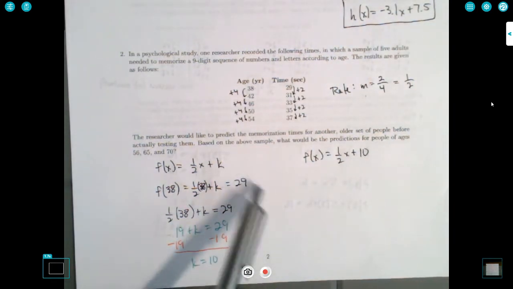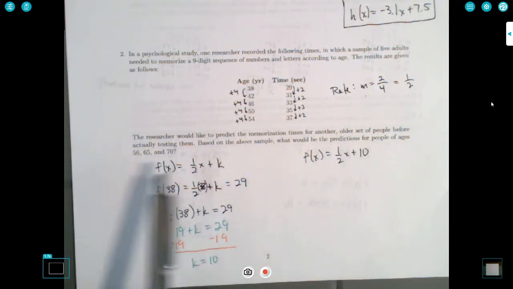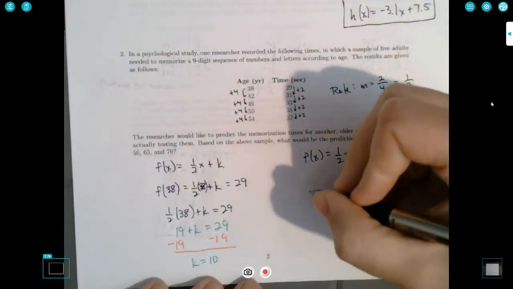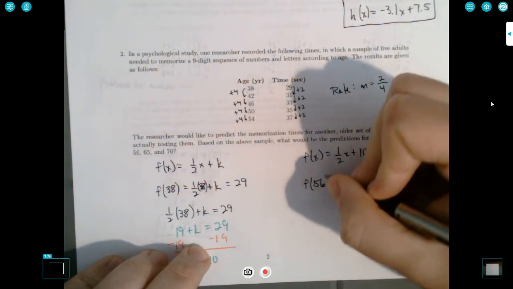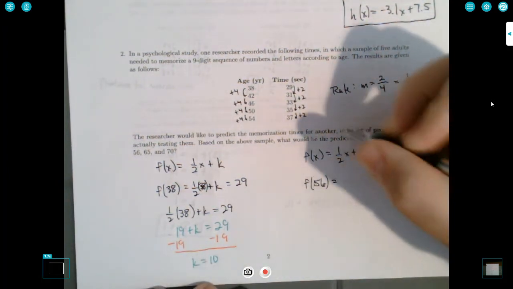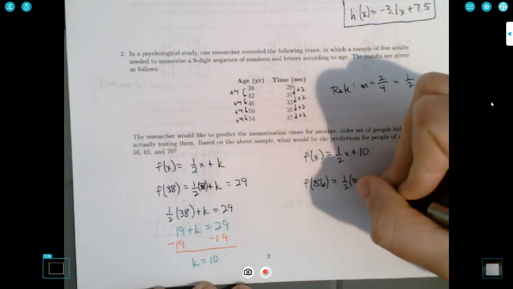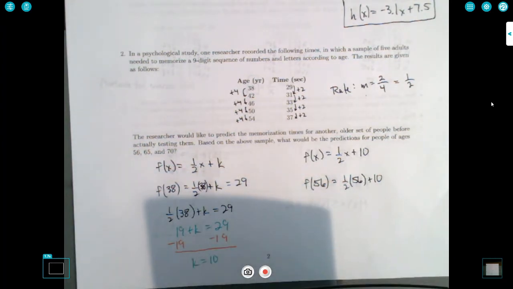So now it says based on that, what would be the predictions for people of ages 56, 65, and 70? So for somebody who's 56 years old, we would predict that they would take 1/2 times 56 plus 10 seconds to memorize the numbers. So you can punch that into your calculator to figure out how much that is.